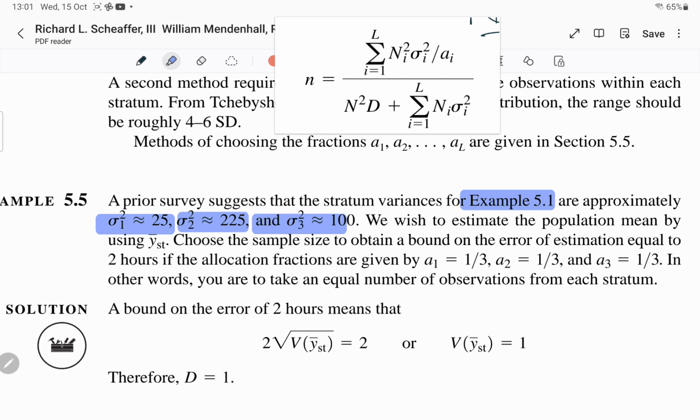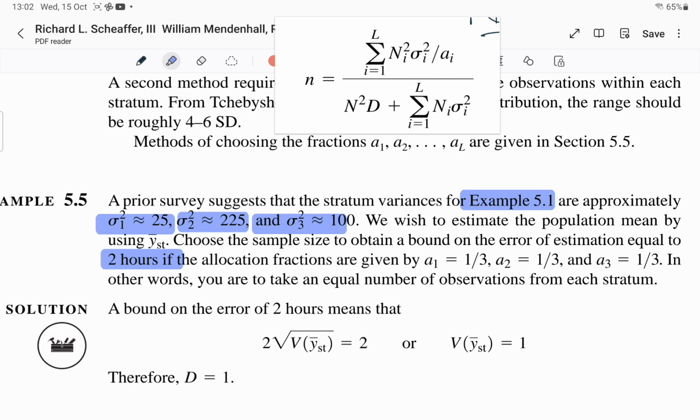Okay, so these sigmas have been given. Sigma means the variance. Which variance is it? Population variance. Population variance is given here, and then we wish to estimate the population mean by using y bar. Choose the sample size to obtain a bound on error of estimation equal to 2 hours. Okay, so the bound on error of estimation is given as 2.